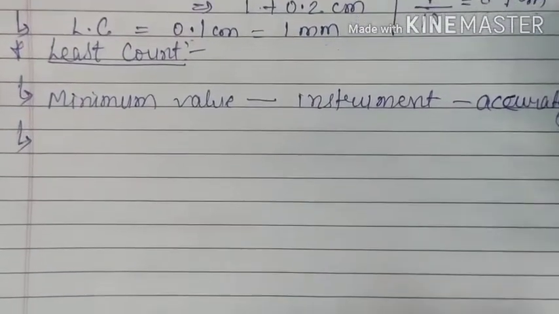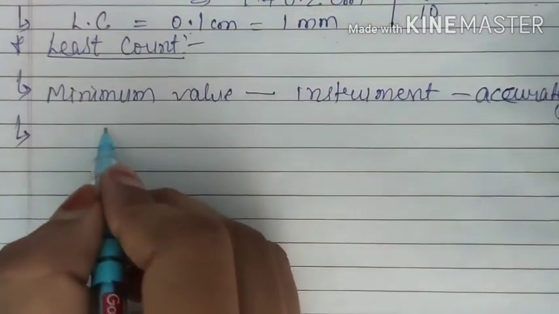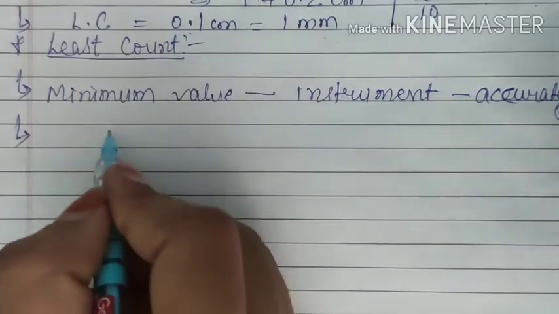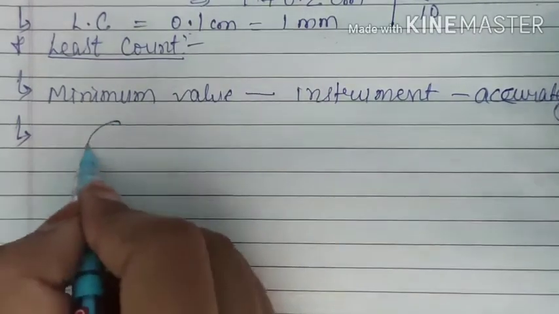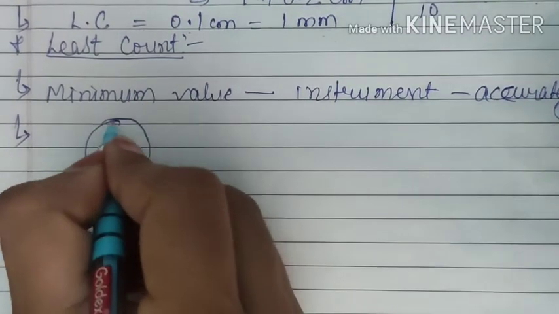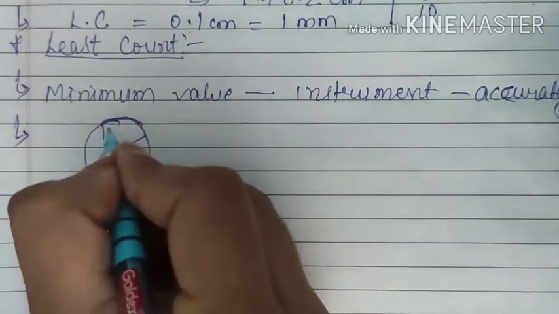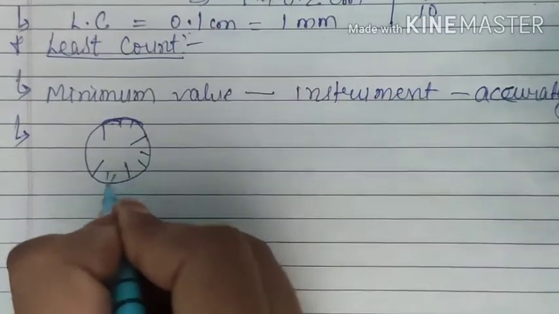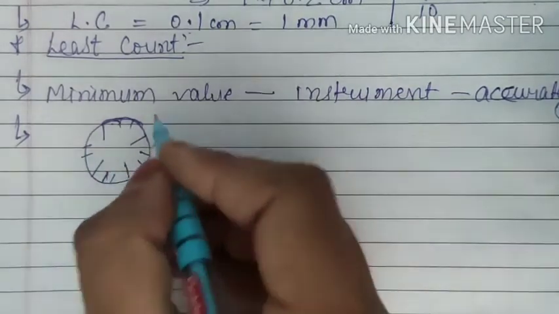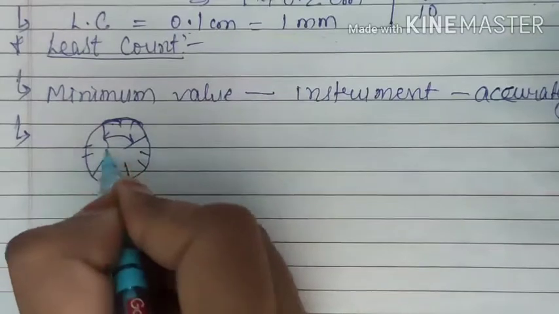Okay, if it is any ammeter or voltmeter, speedometer, thermometer, anything, it will also have some larger divisions and some smaller divisions in between them. So what we have to do is see the difference between two larger divisions.